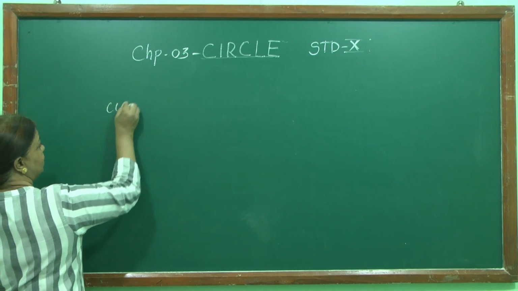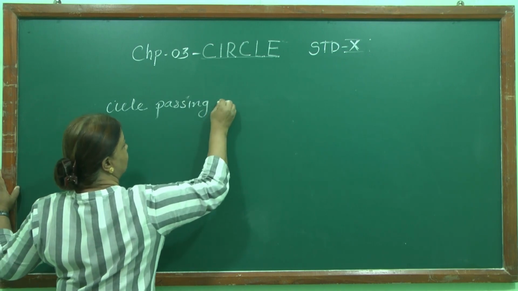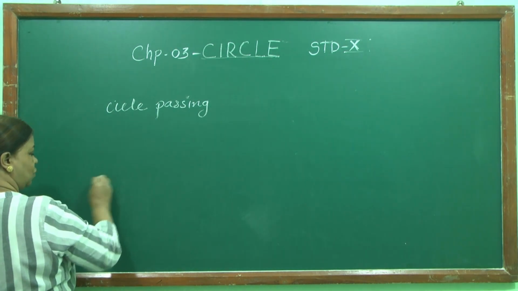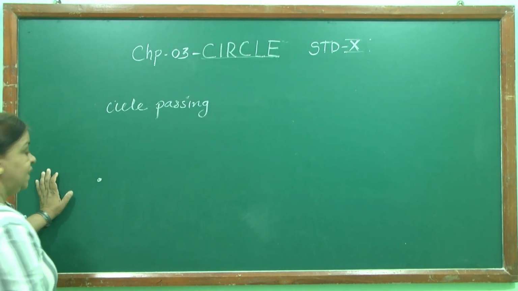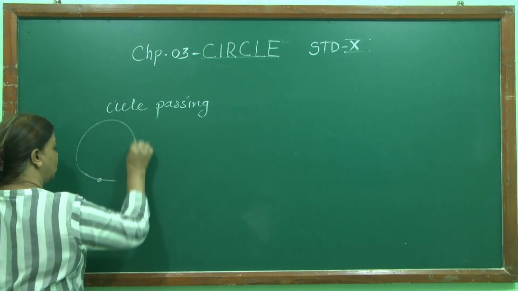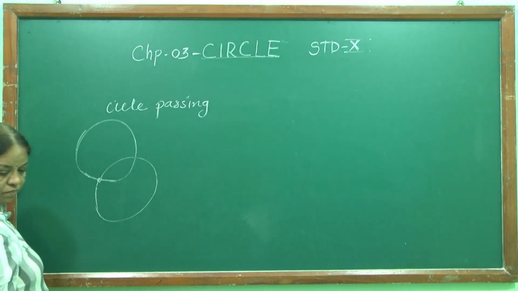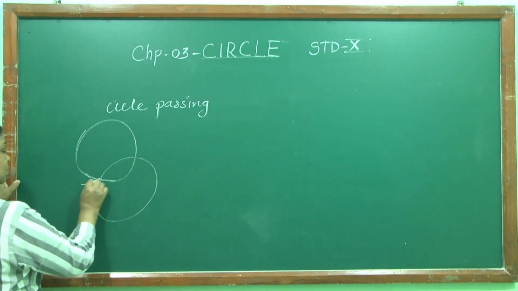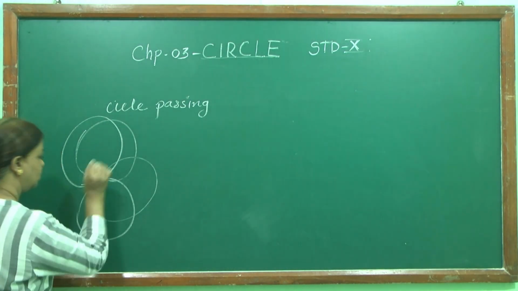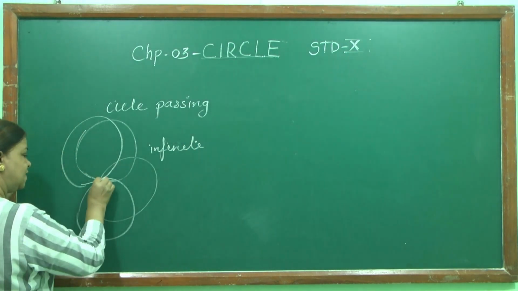Now we will see circles passing through points. There can be an infinite number of circles which can be drawn, which pass through one single point. So infinite circles can pass through one single point.